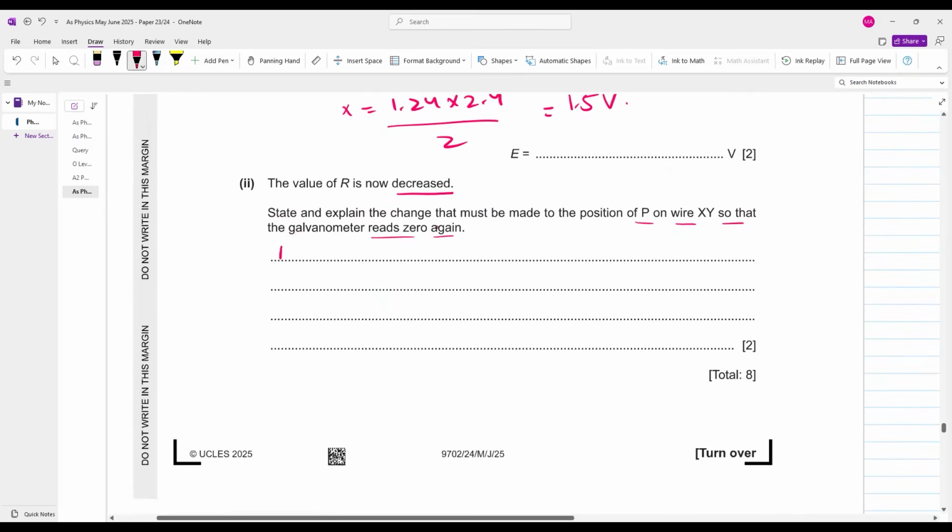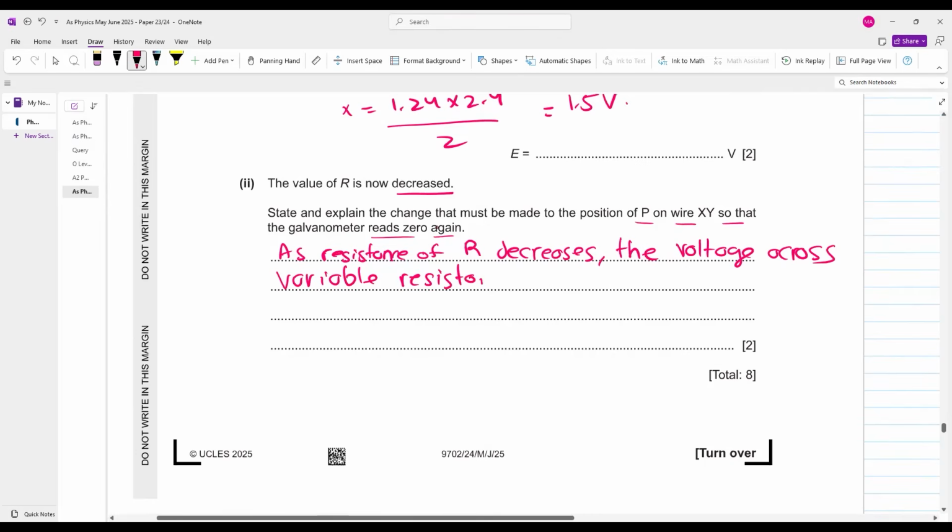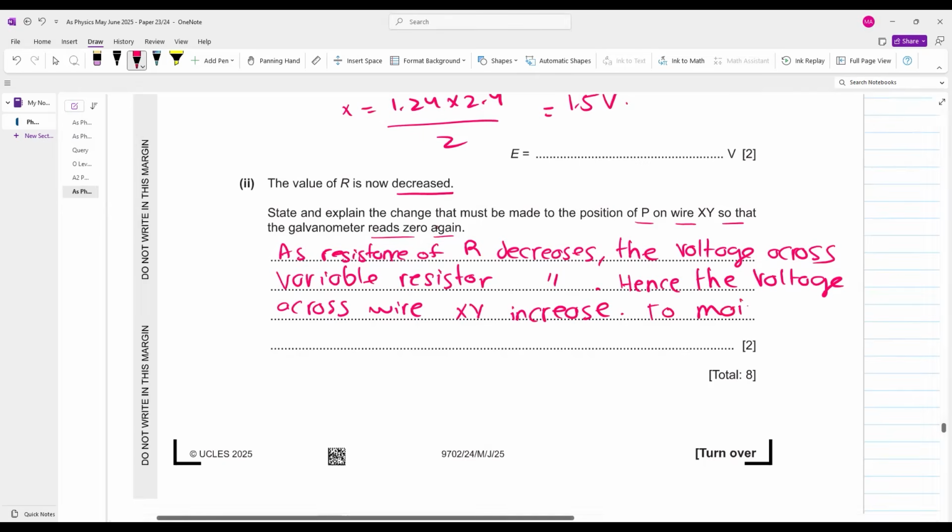You will say, as resistance of R decreases, the voltage across the variable resistor decreases, hence the voltage across wire XY increases.